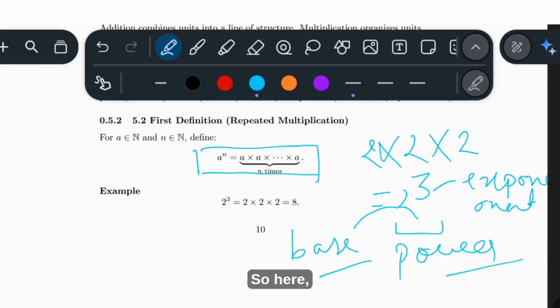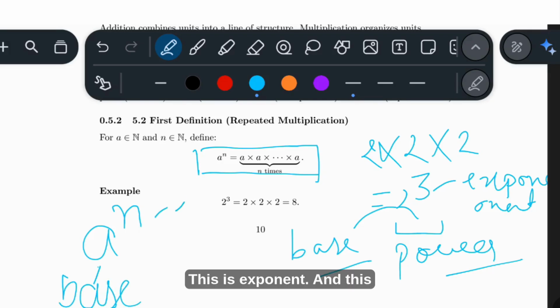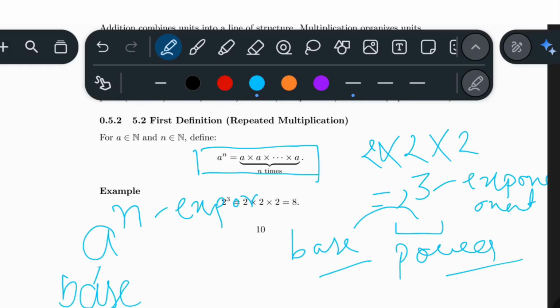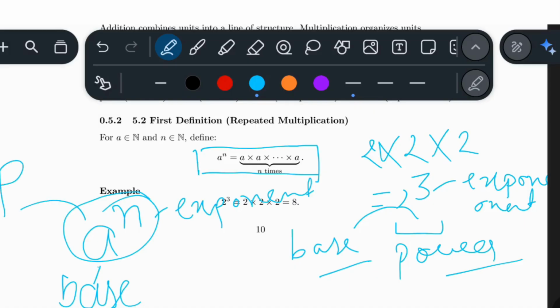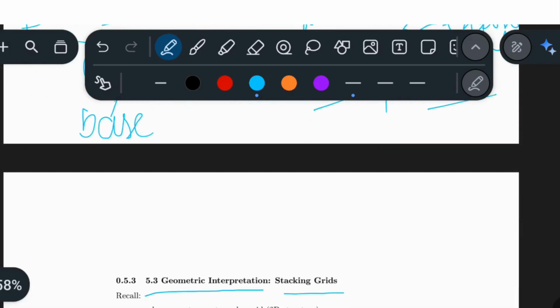So here, in a to the power n, this is the base, this is the exponent, and the total is called the power. That's the terminology.